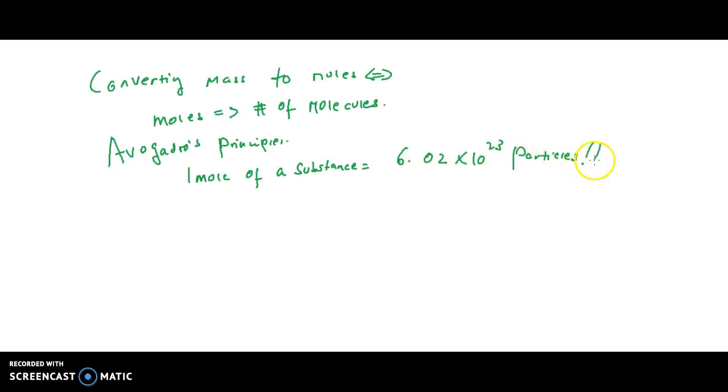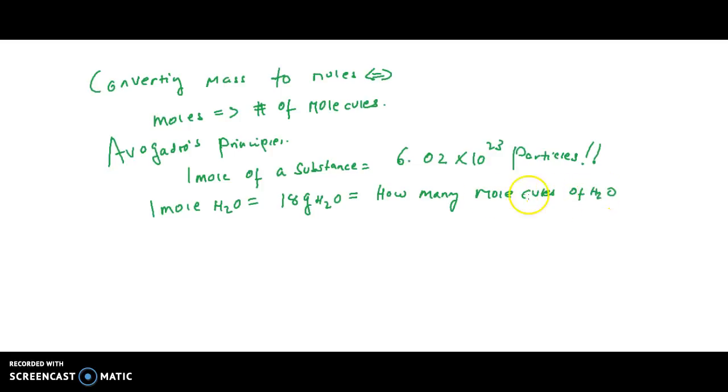This is not a random number. This is a number that is experimentally determined. So if you have 1 mole of water, for example, which may be the easiest example, there are 18 grams of water. So in 18 grams of water, how many molecules of water are there? Since it's 1 mole, there are 6.02 times 10 to the power of 23 molecules of water.